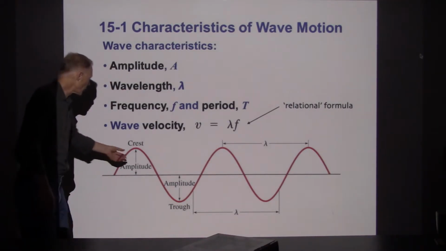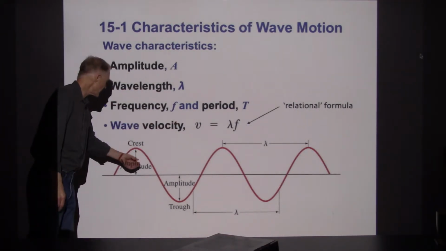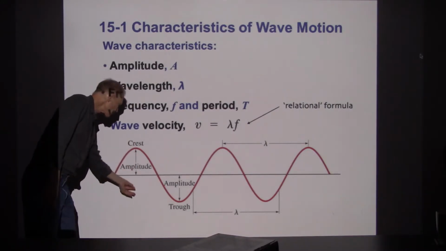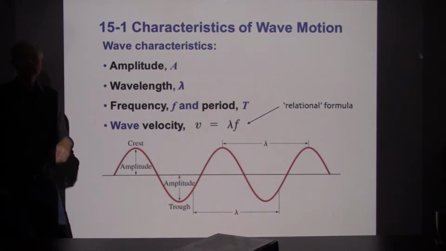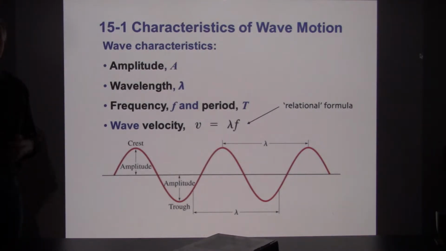And the individual parts of this particular medium have a displacement and a velocity and an acceleration that probably matches up with what we saw in chapter 14. We can treat this as some kind of a harmonic oscillation that individual parts of the medium are undergoing.